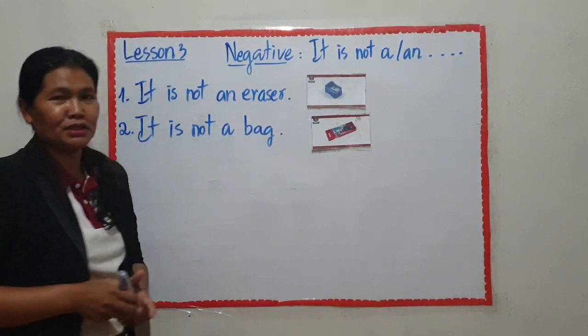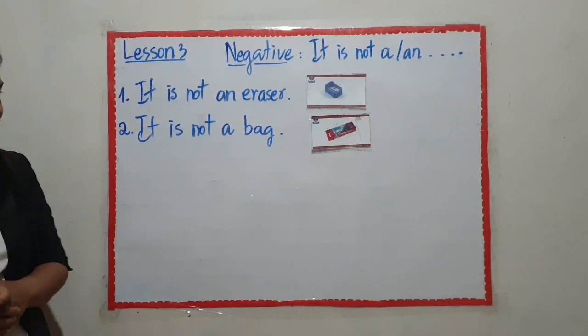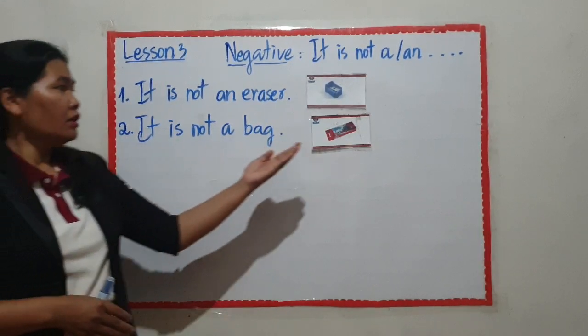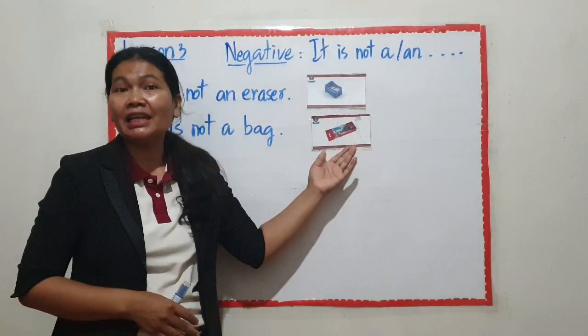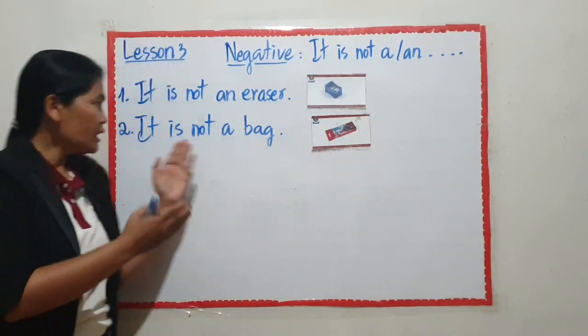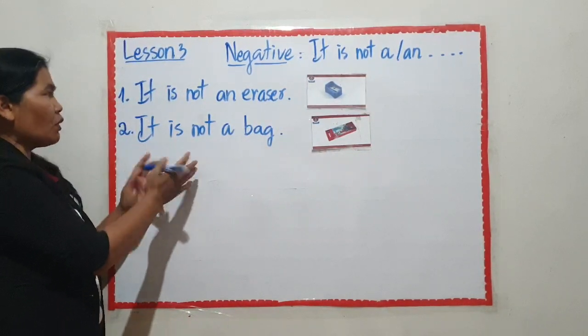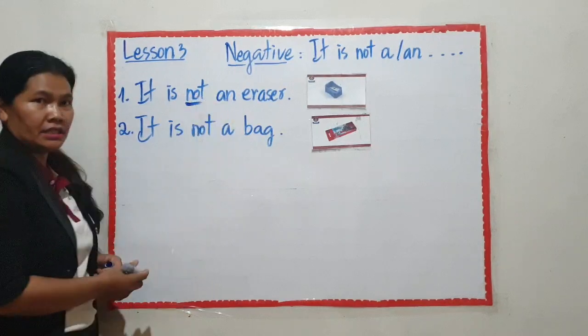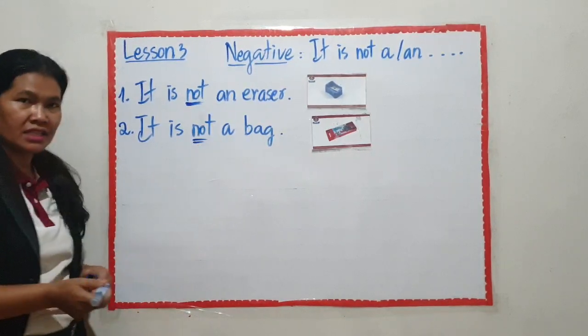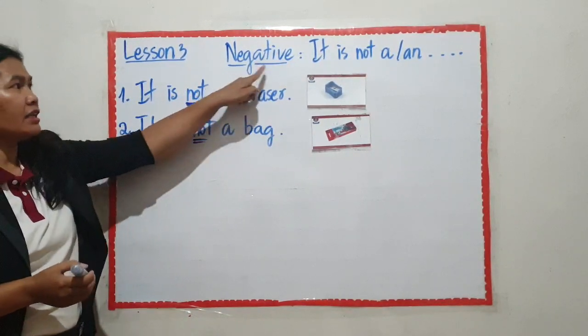Everyone is always confused with this one. Bag or pencil case? So teacher puts: this one is not a bag, but it's a pencil case. That's why teacher says this one is the kind of negative, because we have not here. That's why we call that negative.